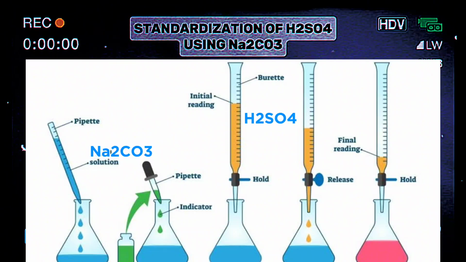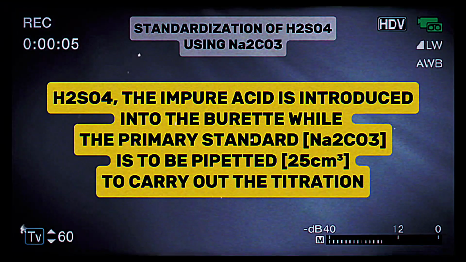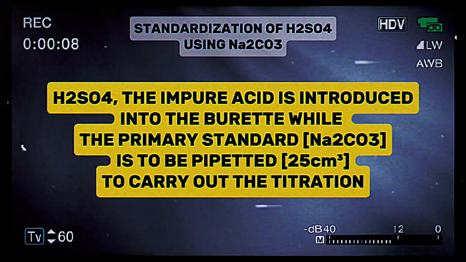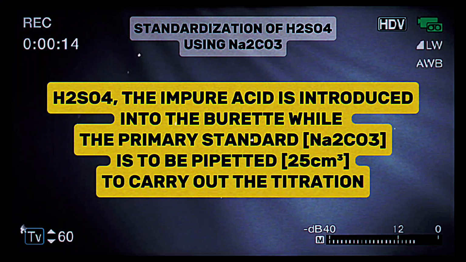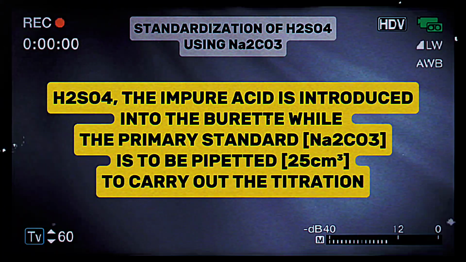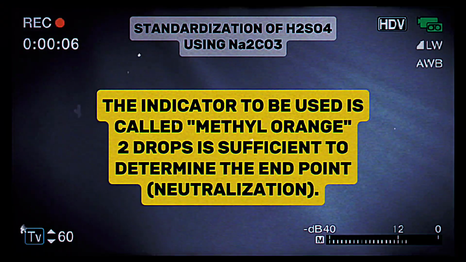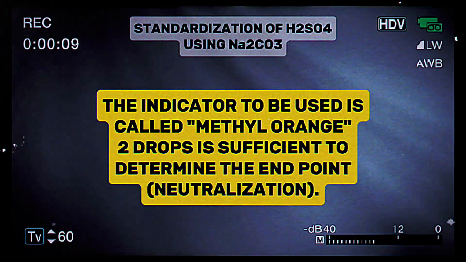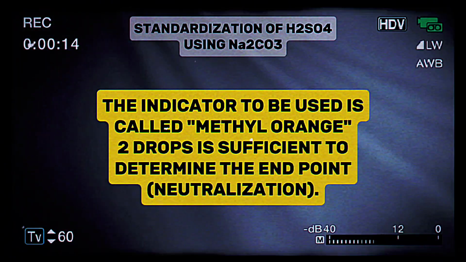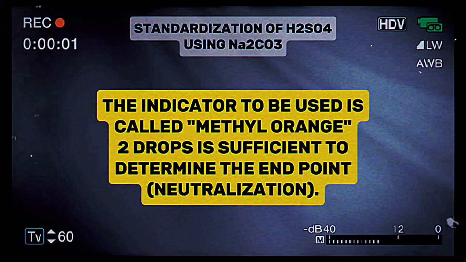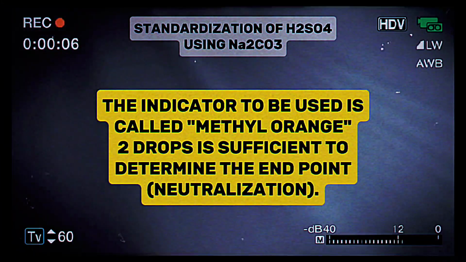Now, in this experiment, sulfuric acid, as we've said, is serving as our secondary standard, and it is not as pure as the sodium trioxocarbonate(IV), which I've said earlier. And that is the essence of carrying out this experiment, to determine the concentration of sulfuric acid and its percentage purity. Now, we shall be employing a titrimetric method to determine the concentration of the impure acid, which is the sulfuric acid, using sodium trioxocarbonate(IV) as the primary standard.